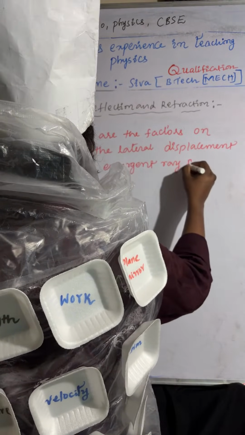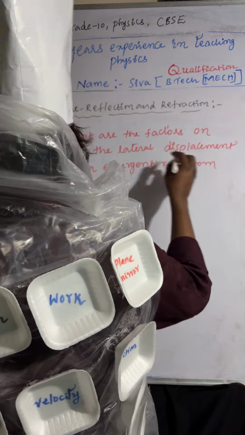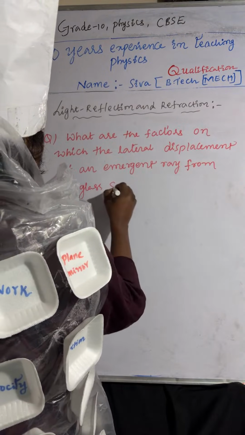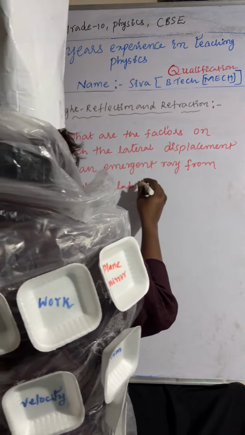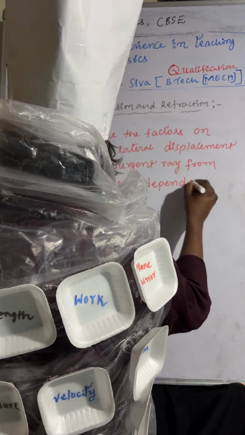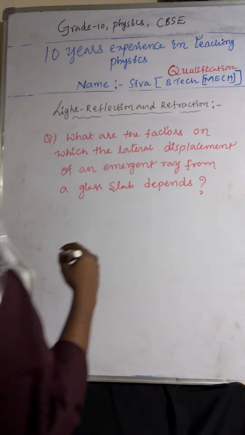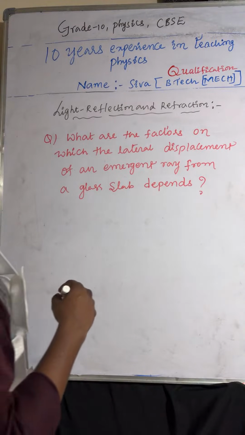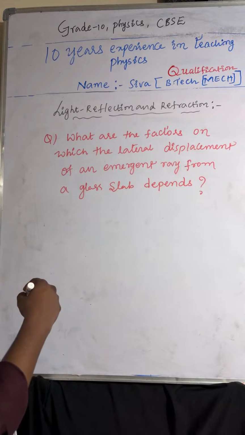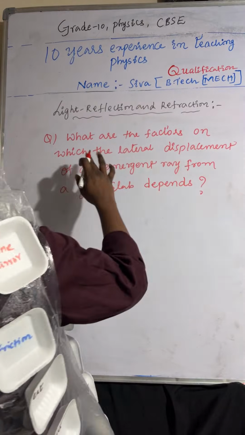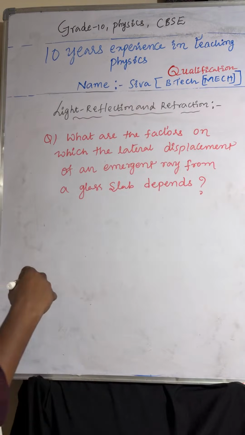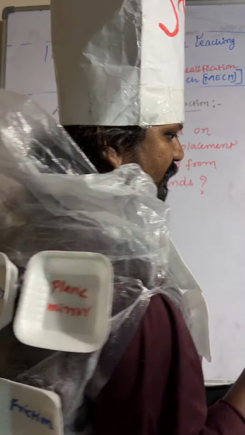What are the factors on which the lateral displacement of an emergent ray from a glass slab depends?